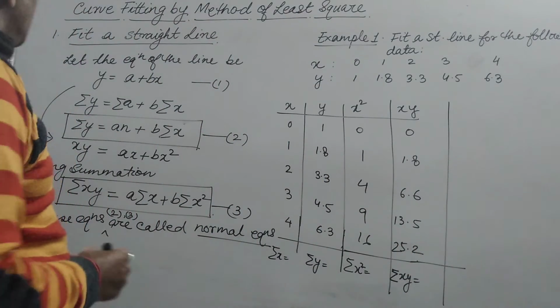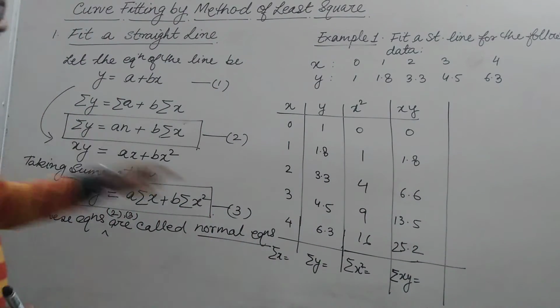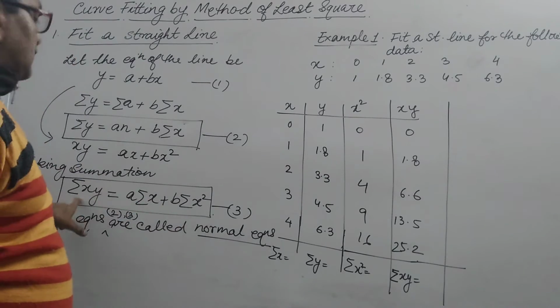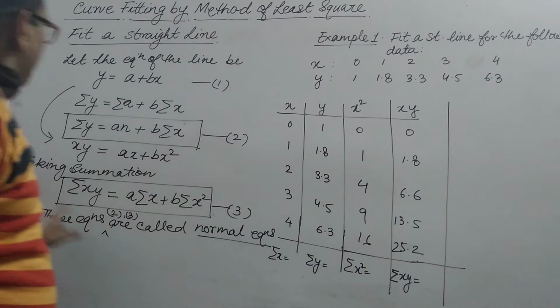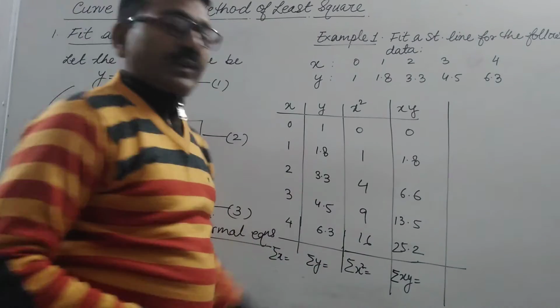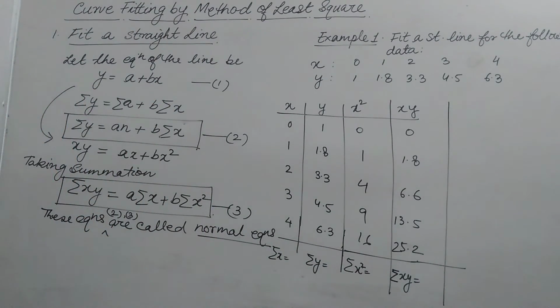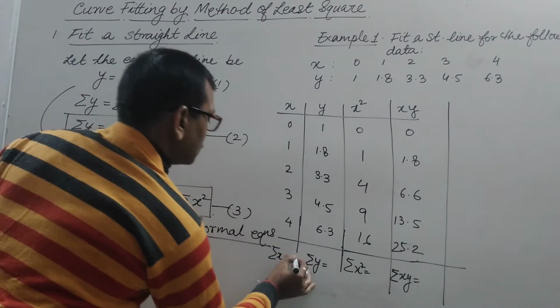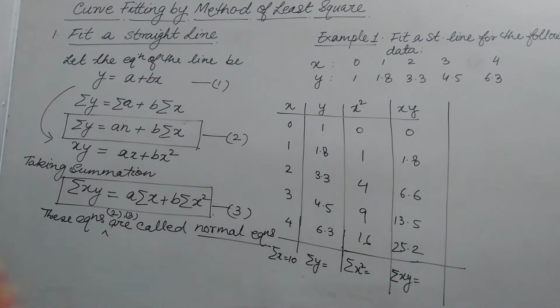Now you get all these values: sigma y, sigma x, sigma xy, and sigma x square. I am quoting these values from the answers. Sigma x comes out to be 10. Sigma y is 16.9.